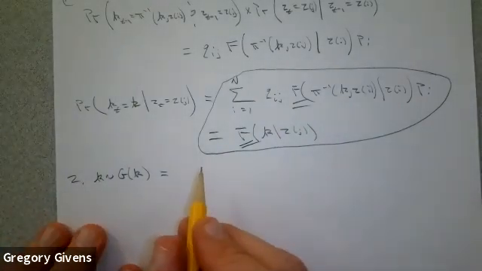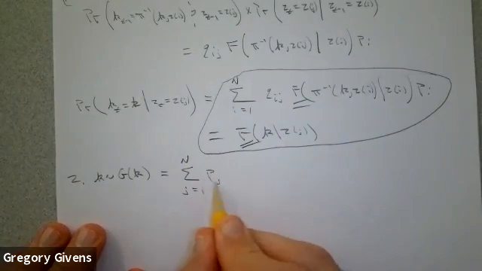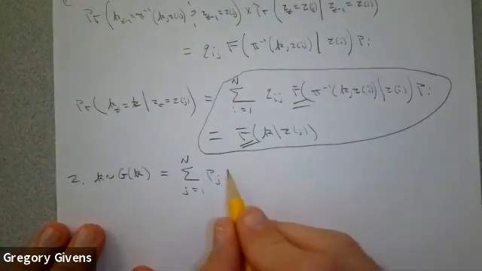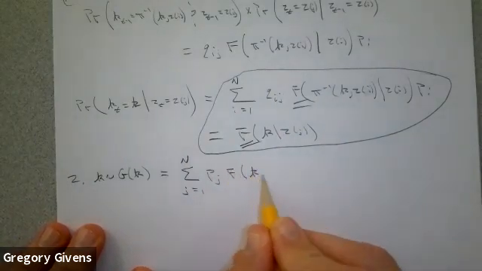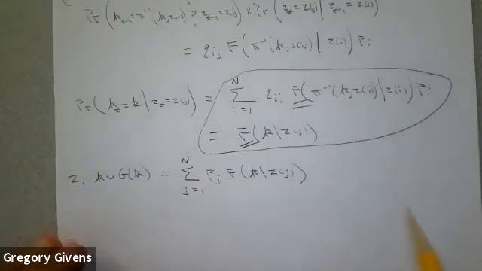So that would be the sum from j equal to 1 to capital N of pj, that's the unconditional probability of z being equal to zj, times f of k given zj. So once we have capital F, it's easy to calculate capital G.